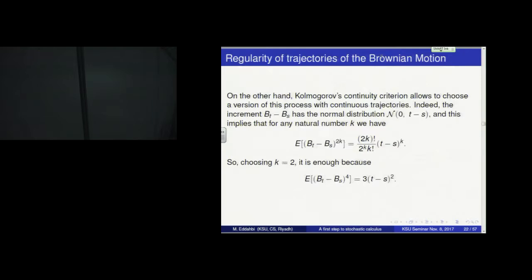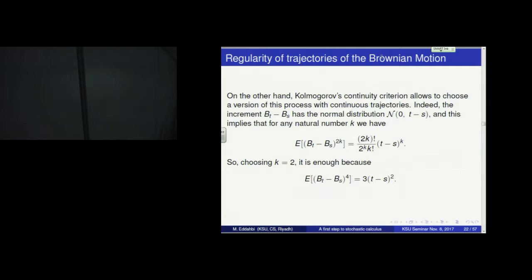Okay, so from this property, there is a result saying that the absolute value of the difference B_t minus B_s is less than a constant, which is a random variable, times (t minus s) to the power alpha, and this alpha is less than 1/2. So the maximum regularity I can have for this Brownian motion is 1/2 minus epsilon, with epsilon small enough. In any case, it cannot reach 1/2.